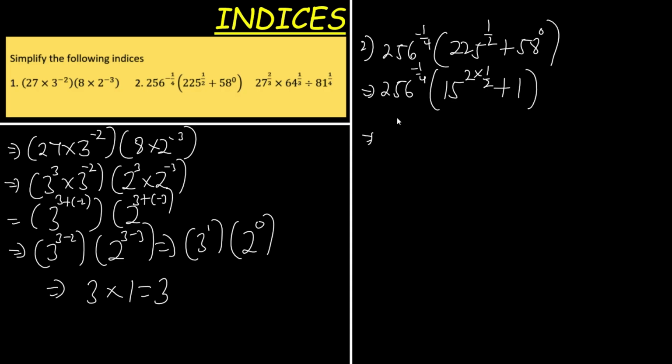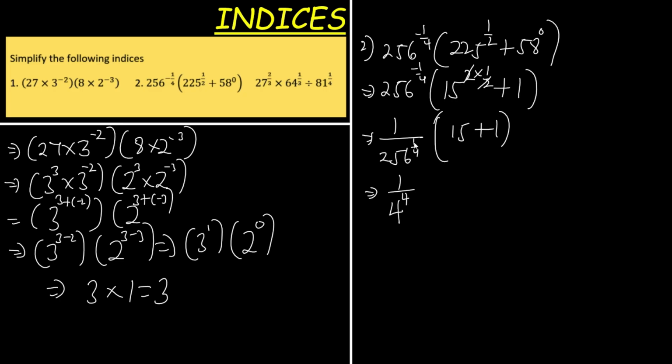Now according to the negative index rule, 256 raised to the power negative 1 over 4. If you want to get rid of this negative, we find the reciprocal. So we are going to say 1 over 256 raised to the power 1 over 4, multiplied by the bracket. Now this 2 will cancel this one, and you have 15 plus 1. Over here too, we can express this 256 in such a way that the number is going to have an exponent equal to 4, and we know that 4 raised to the power 4 is 256.